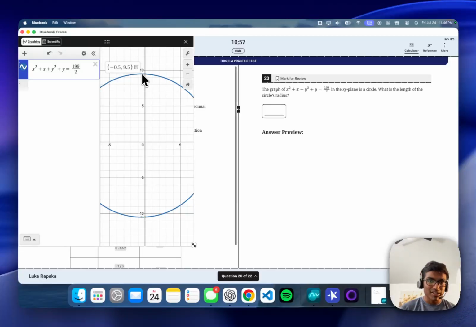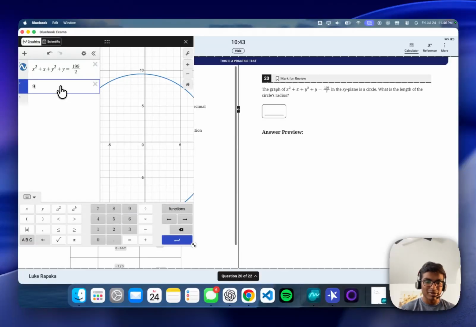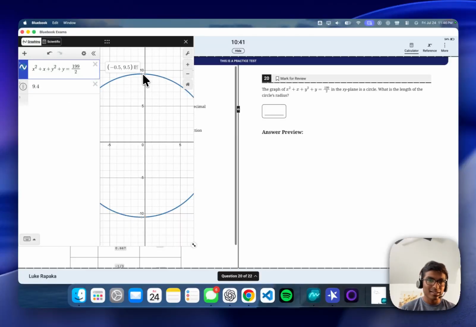I'm going to look at these points, right? These look like the widest points. 0, negative 9.5, and then negative 10.5. So actually what I do is I have 9.5, because that's just the y coordinate of this. The y coordinate of this is negative 10.5.